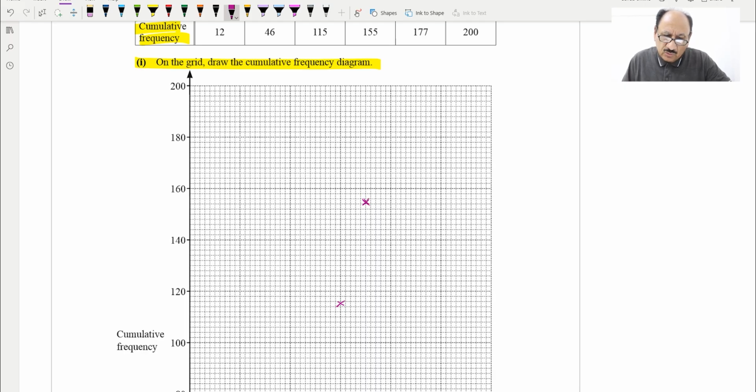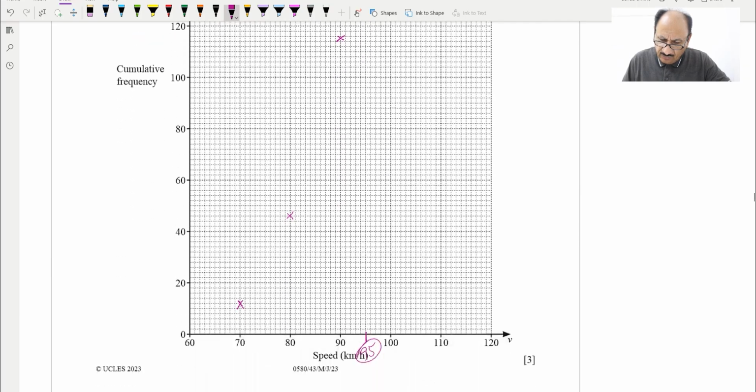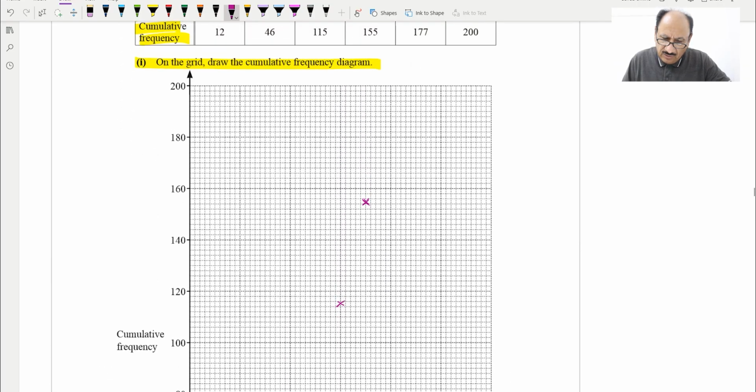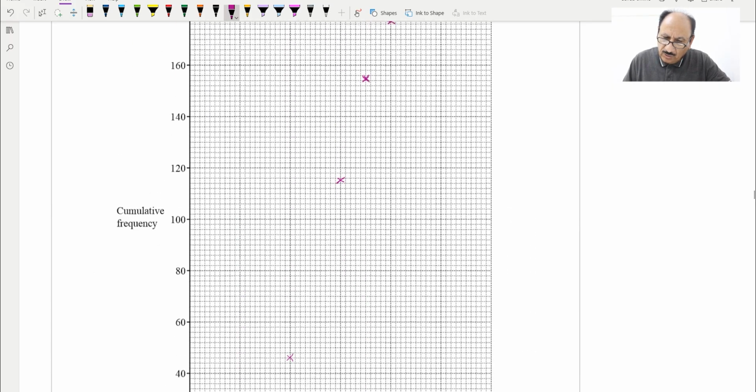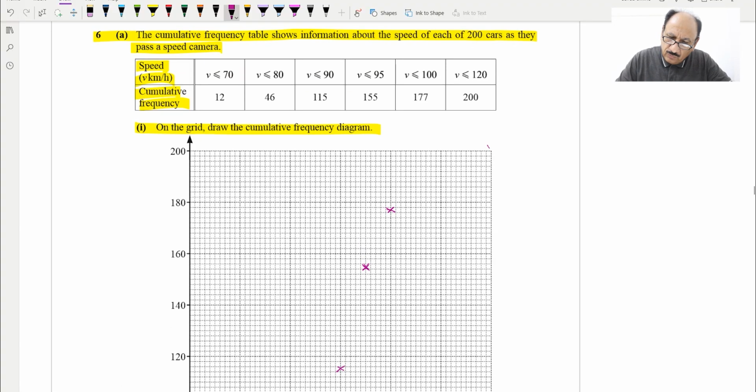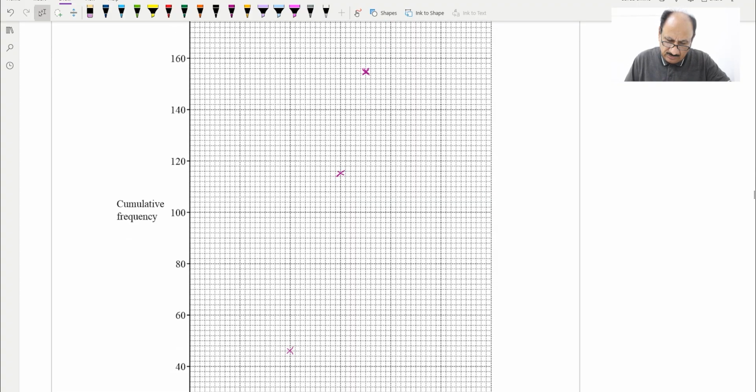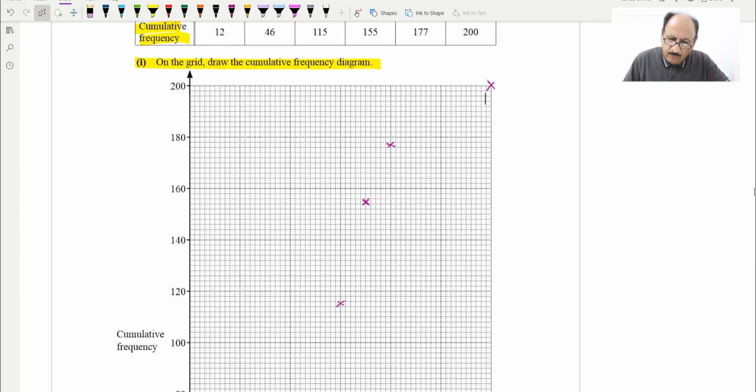And next comes 100 is 177. 177 will be here in the middle, and then 120 is 200. So 120 will be the last one, 200 will be this one. So this is what we got, all the points.